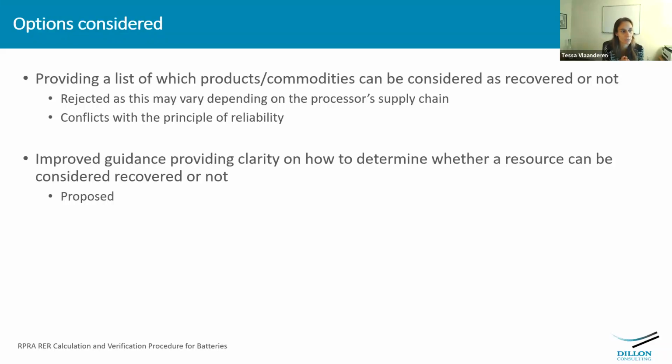So this would conflict with the principle of reliability. The second option considered is to improve the guidance and provide additional clarity on really how to determine whether a resource can be considered recovered or not. And this is what we proposed.